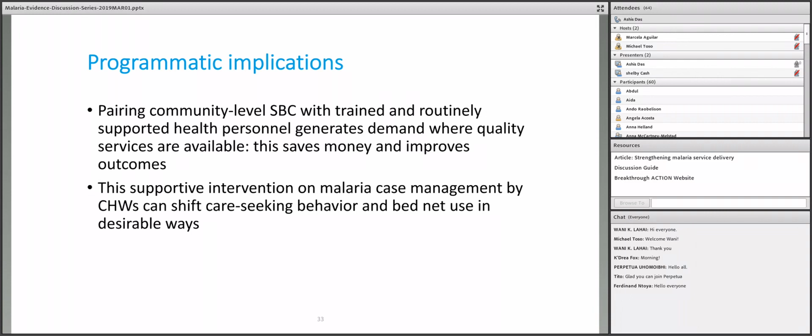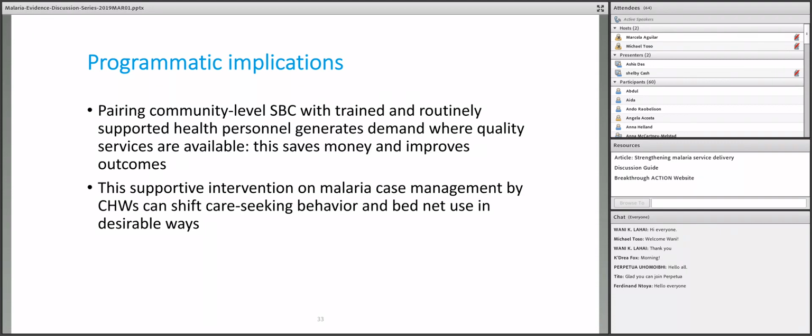The health personnel were supported by another layer of supervisors to ensure their skill level was up to date. They were given regular supplies, and they were closely integrated with the community.